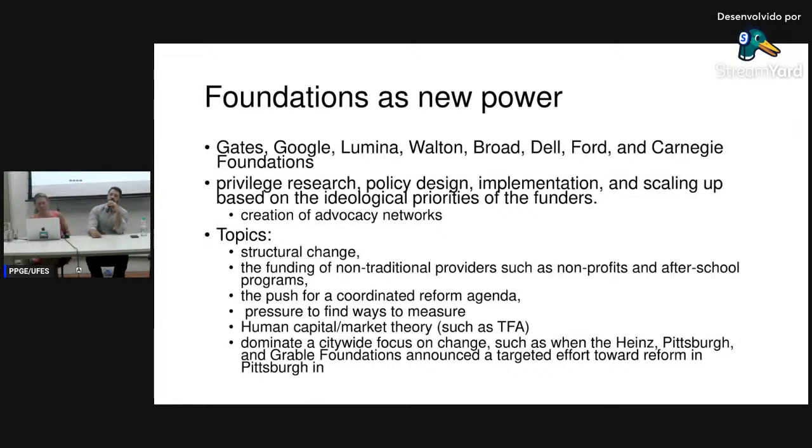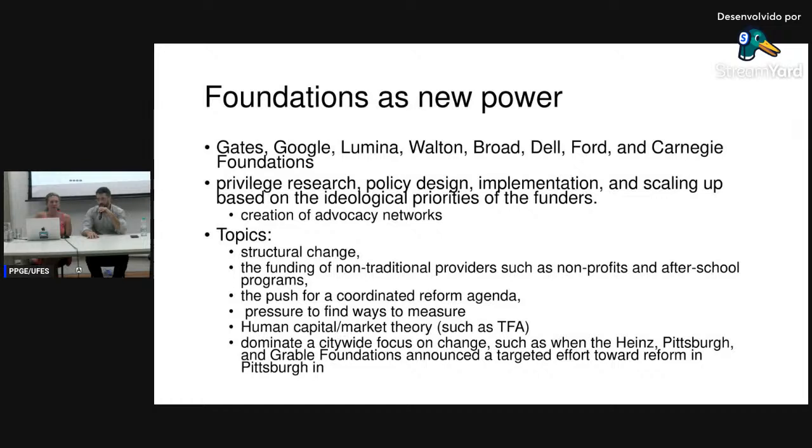Ela diz, as fundações, elas são como um novo poder, né? Então, outras fundações que, além da Gates Foundation, são fortes no campo educacional é o Google, Lumina, Walton, que é do Walmart, Broad, Dell, que é dos computadores, né, a Ford, e Carnegie Foundation. Eles estão mais focados na mudança estrutural, grandes mudanças.